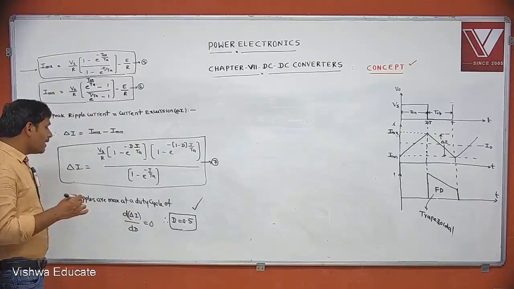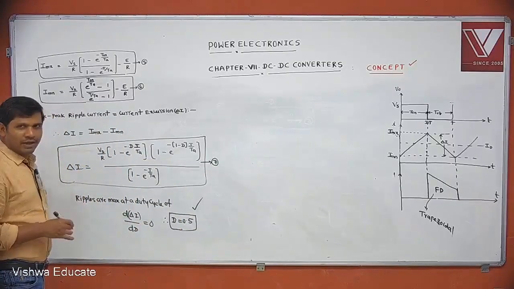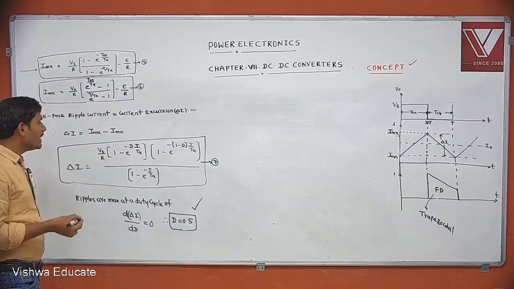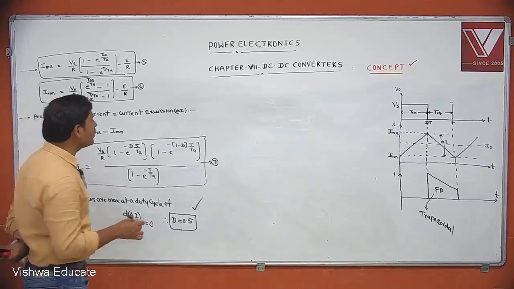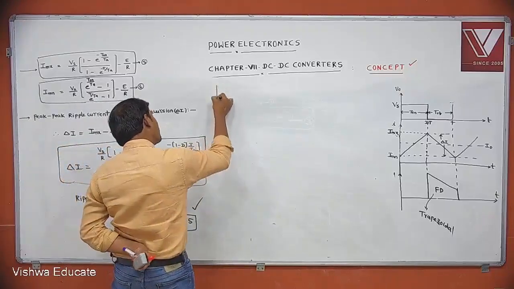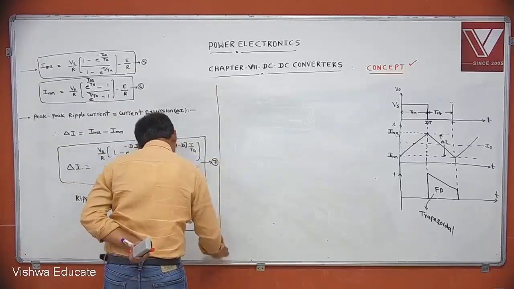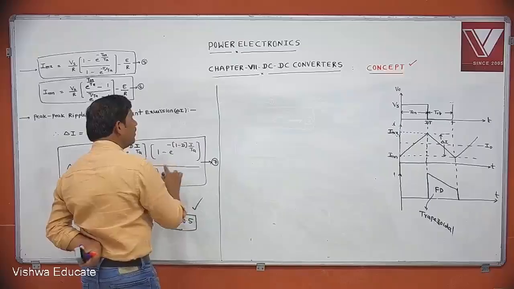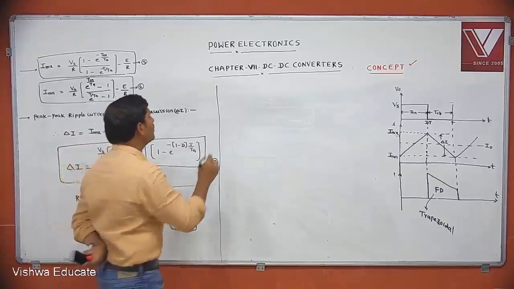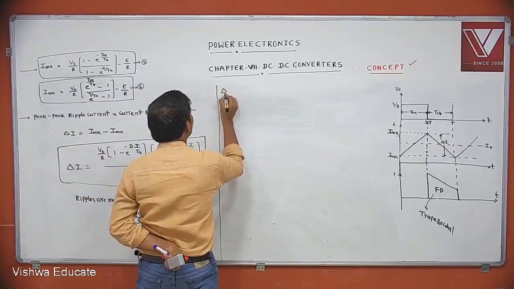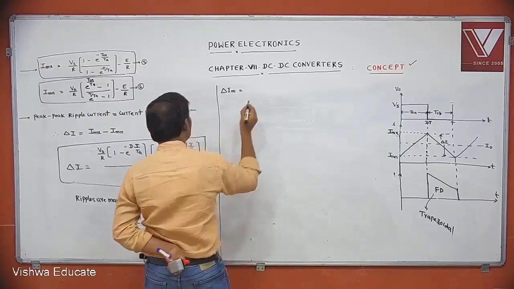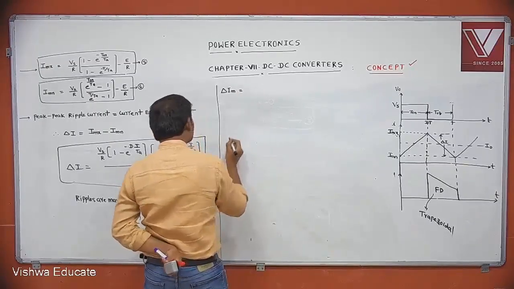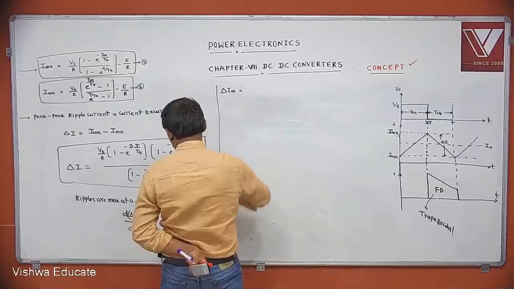If you want the expression for maximum ripple current, how do you get it? Substitute d equal to 0.5 in the ripple current equation. The maximum value of ripple current is obtained by substituting d equal to 0.5.